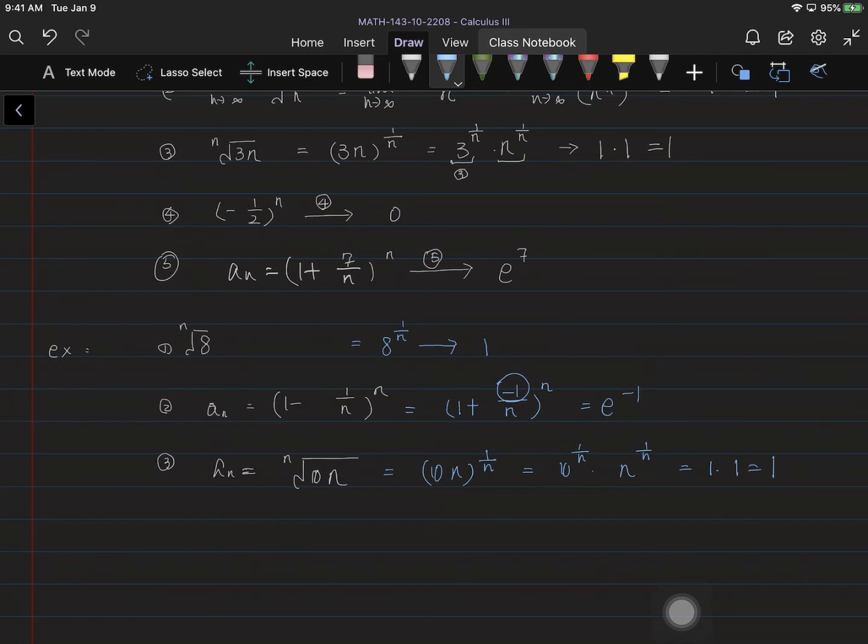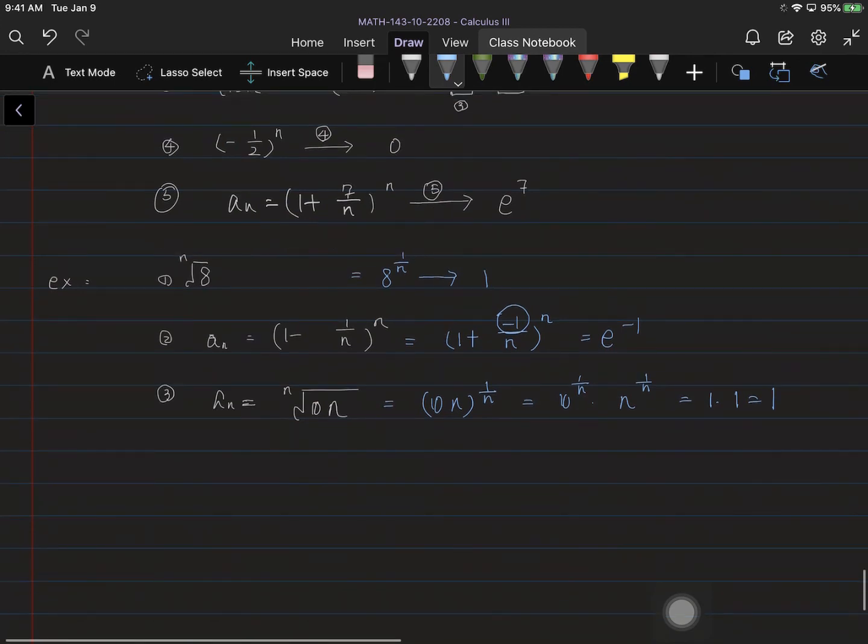Okay, so that's everything we need to know in this section for the sequence. For a given sequence, we need to know several things. We can say summary here. Summary.